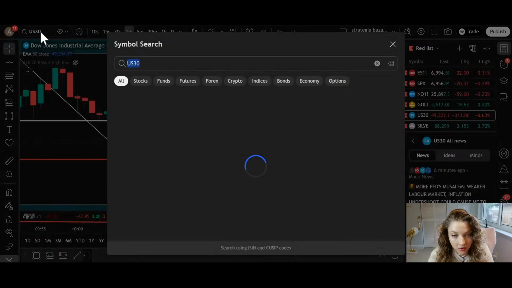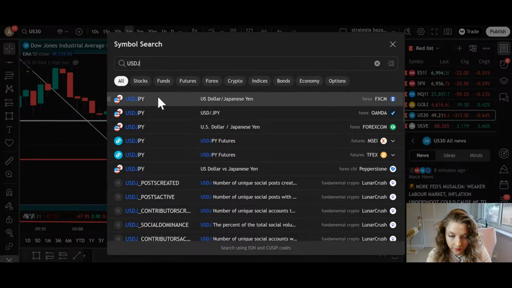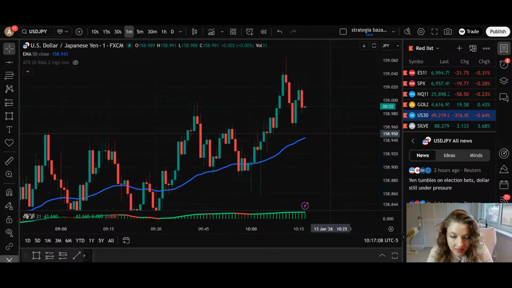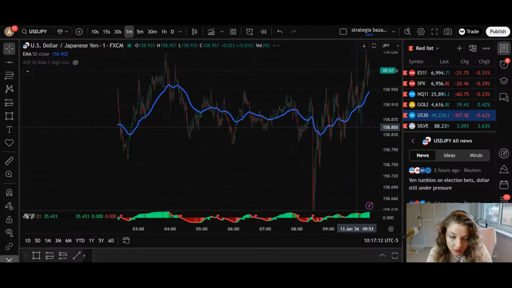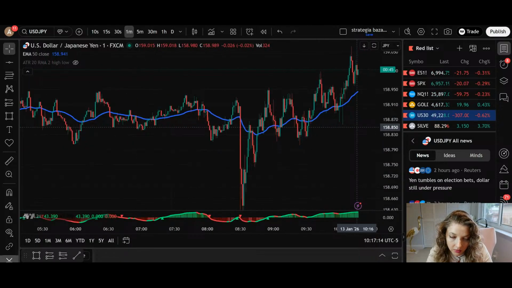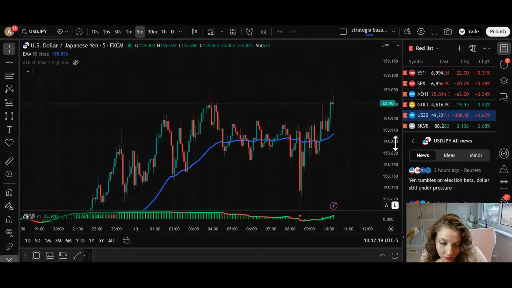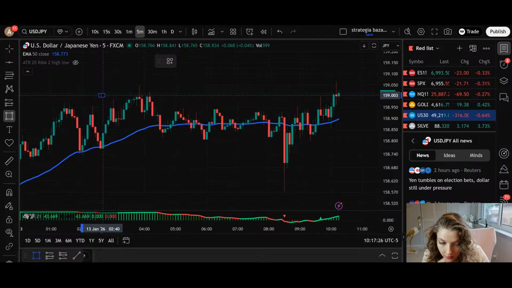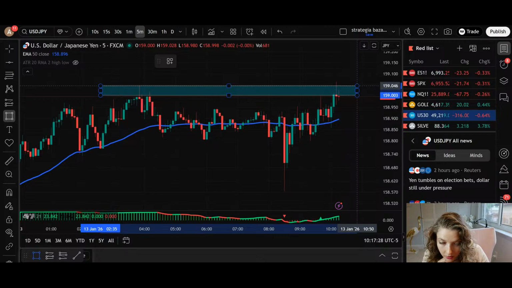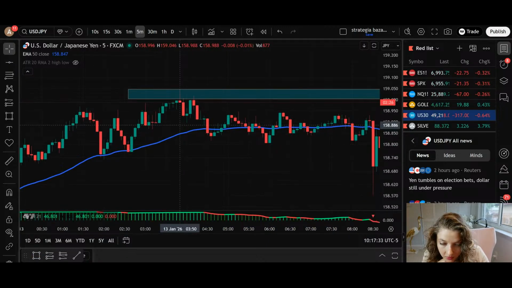Okay, let's see. USD JPY. The Japanese. To be very honest, I don't like how it looks. It looks like a range, but I will mark this area right here on 5 minutes.